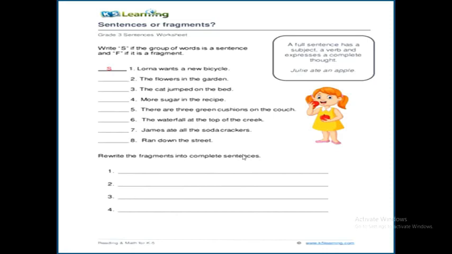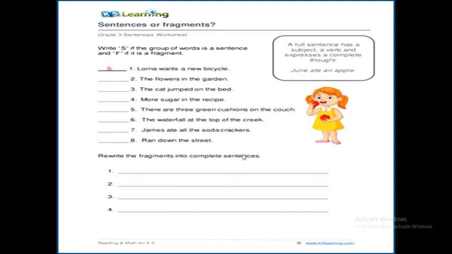The first thing that I told you about was fragments. The second thing was run-on sentences, and the third thing we did was the different types of sentences. So this worksheet is about writing S if the group of words is a sentence and F if it is a fragment. A fragment is an incomplete sentence that misses either a subject or a verb, right?